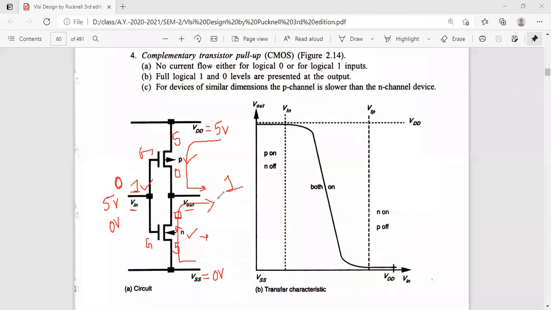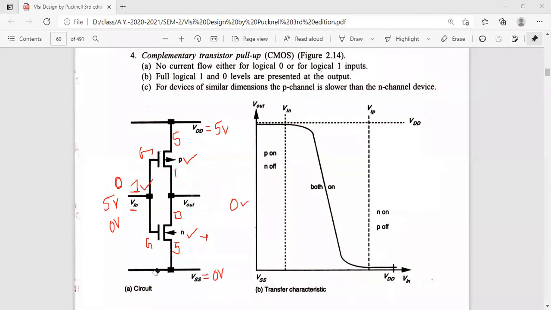So 0 volts at the output means logic 0. That is the characteristic of an inverter: when we give an input of 1, we get an output of 0, and when we give an input of 0, we get an output of 1. That is the functionality of the CMOS inverter.